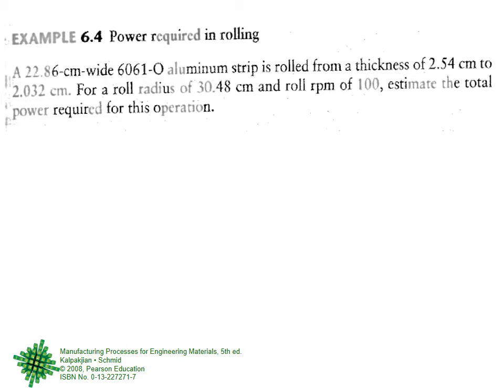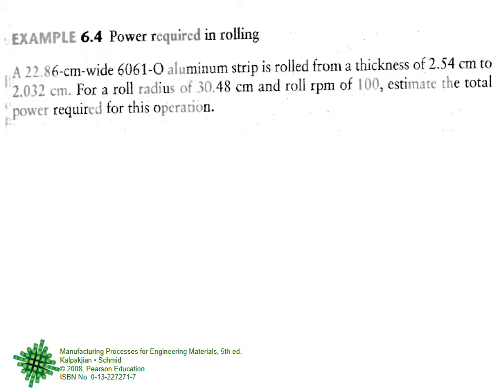In that Y bar, there will be capital K and a small n, two material parameters. So from the table, if you find 6061O aluminum, then for that material the values of K and n will be known. So from there, you can find the Y bar. And if it is Y bar dash, then it is just that factor of 2 by root 3, which is there in the condition that plane strain is applied.